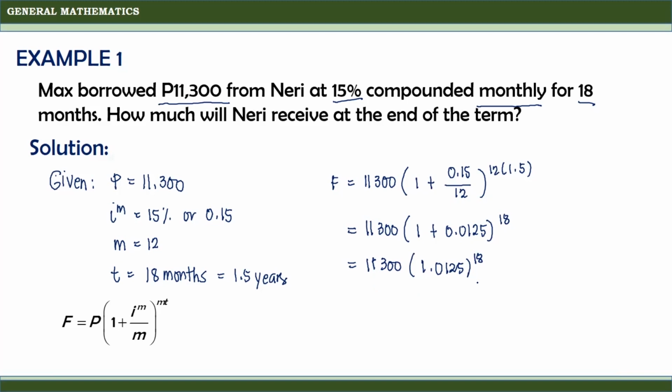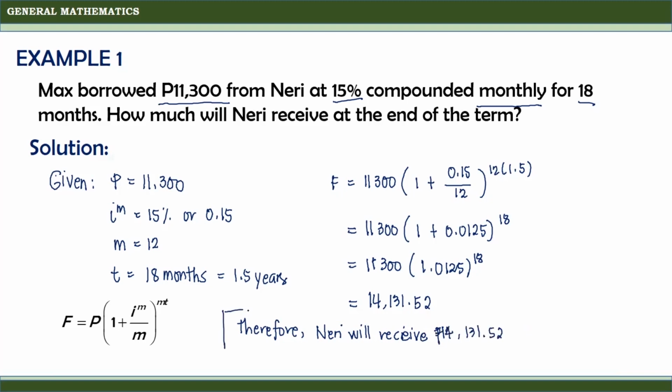From here, you can key this in on your calculators and it will give you an answer of 14,131.52. Therefore, Neri will receive 14,131.52 pesos from Max at the end of the term.